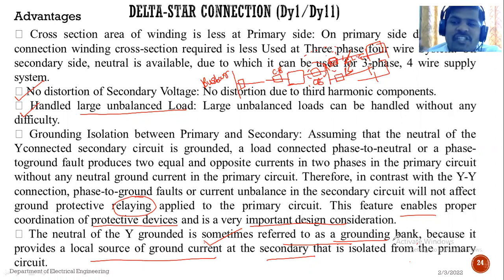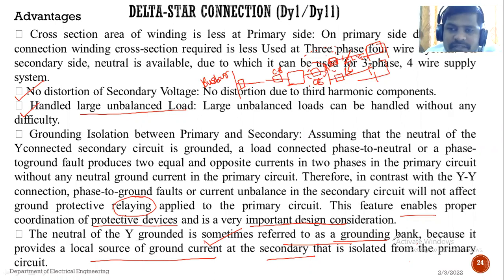There are multiple transformers on the distribution side, that means a 3-phase 4-wire system. The neutral of each and every transformer is grounded. So it will act as a grounding bank, because it provides a local source of grounding.